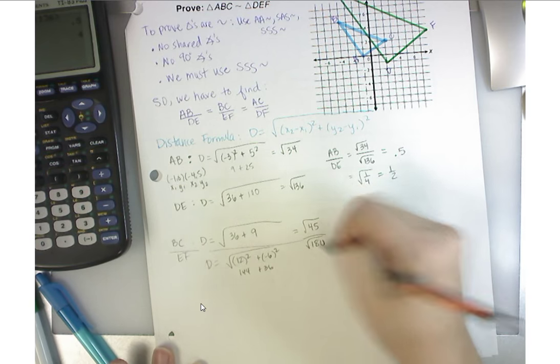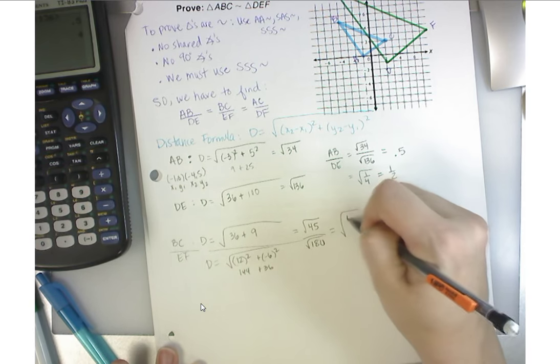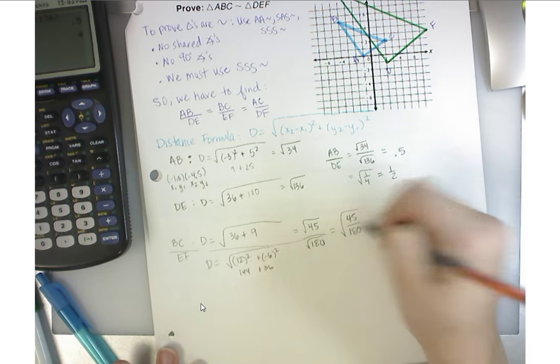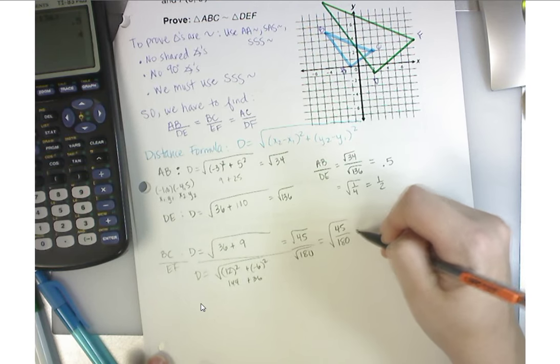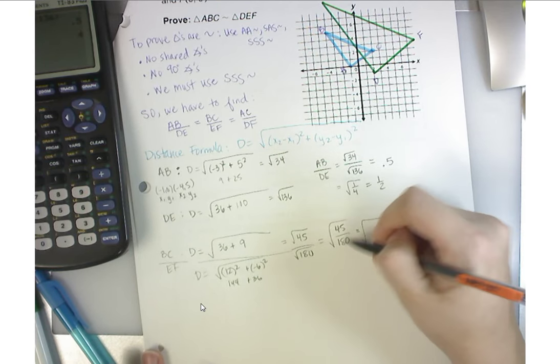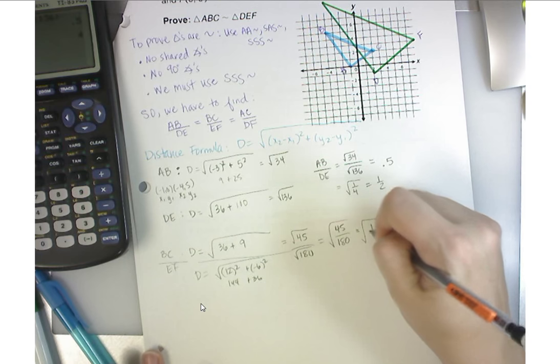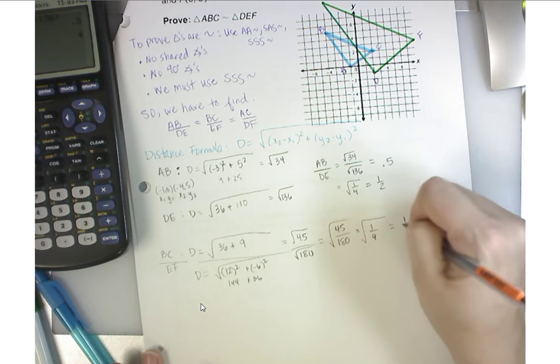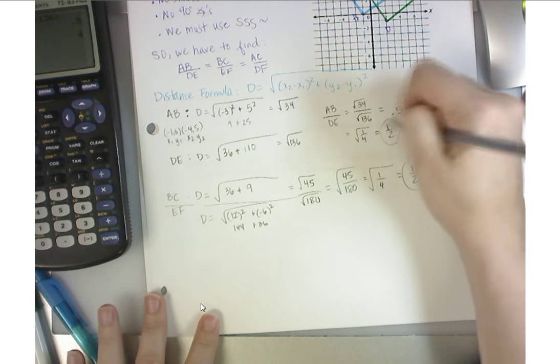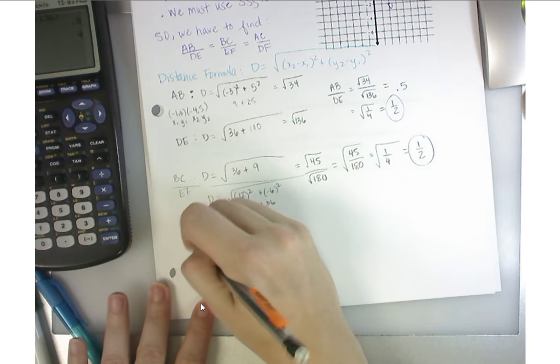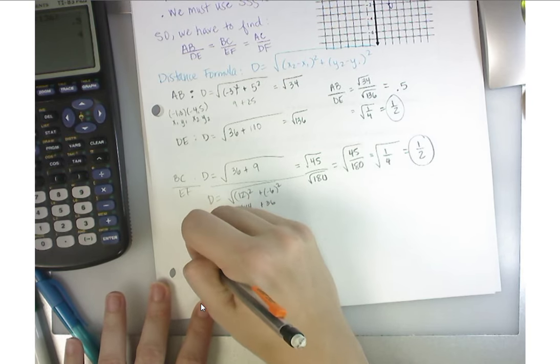Does 45 go into 180? 4 times. Think of like a circle, right? There'd be 4 45-degree angles, and the square root of 1/4 is 1/2. Just like this one. And then we have one more to prove.